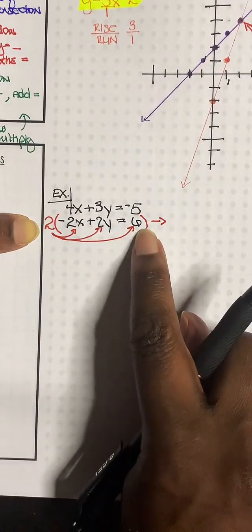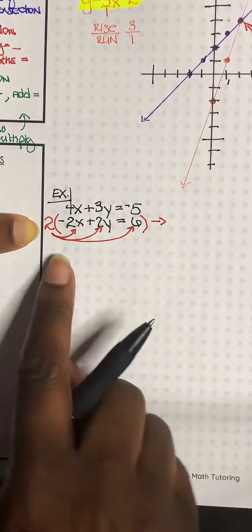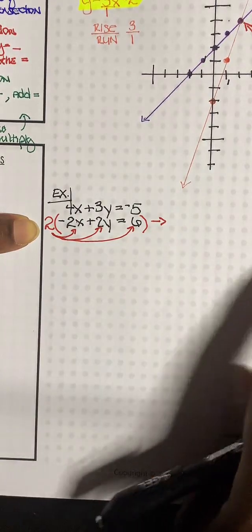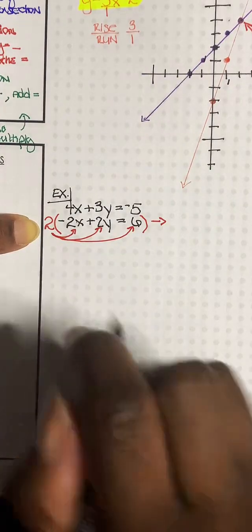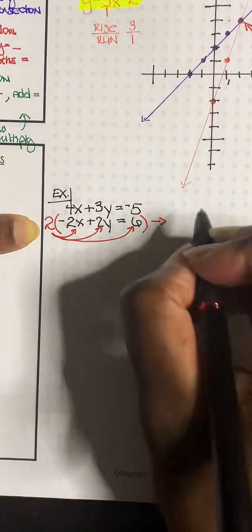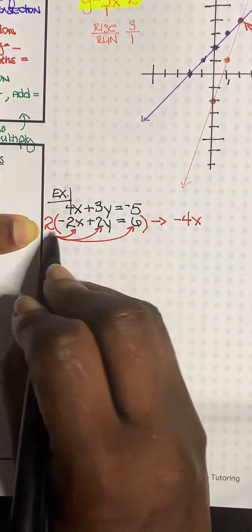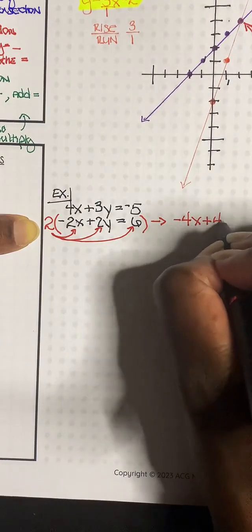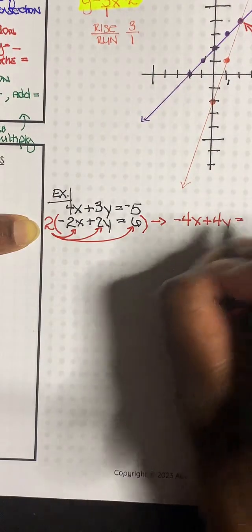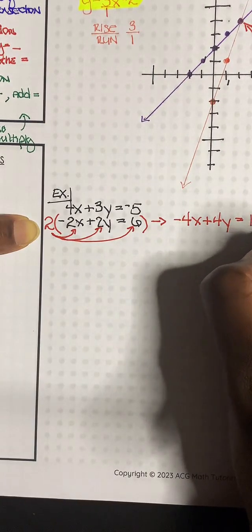A lot of people forget about that. So when I'm saying multiplying everything by 2, I'm multiplying everything by 2. So we have 2 times -2, that gives us -4x. 2 times 2y gives me a positive 4y, equals 2 times 6, which gives me 12.